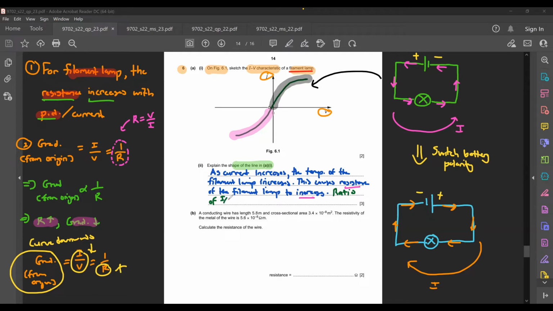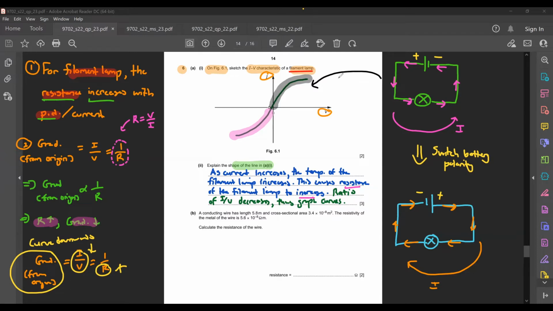Ratio of I over V decreases, thus graph curves. Okay, you can just write the graph curves, right? That's the graph curves. This will explain the shape of the graph that you're seeing.